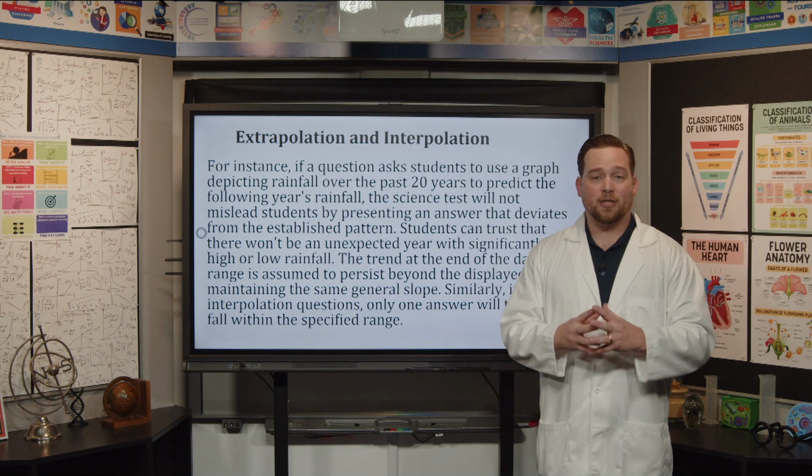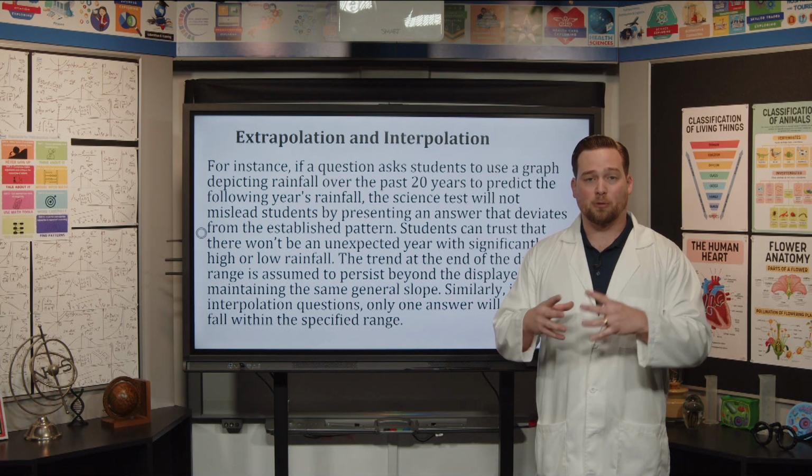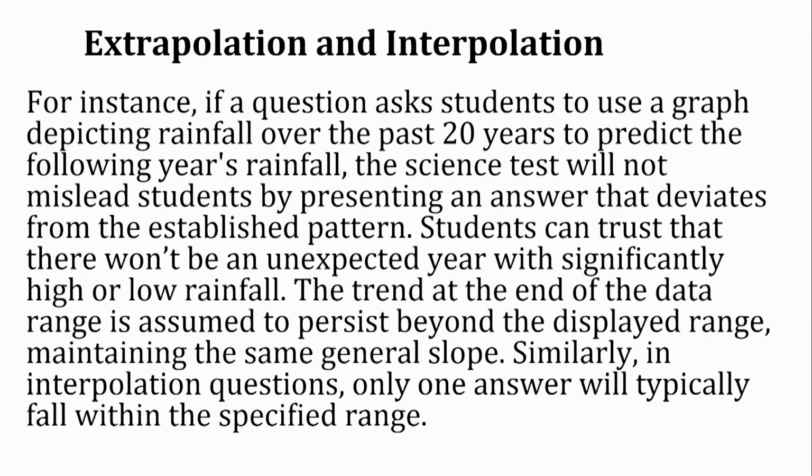Okay, let's talk about extrapolation and interpolation in a little bit more detail. So for example, if a question asks students to use a graph depicting rainfall over the past 20 years to predict the following year's rainfall, the science test will not mislead students by presenting an answer that deviates from the established pattern.